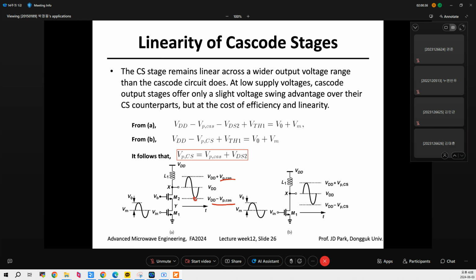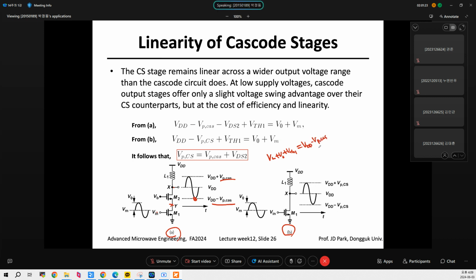이게 A고 이게 B인갑다, 그지? So if you take a look at this, this point has to be VM plus Vout plus V threshold 1, and should meet this, which is VDD minus VP cascode.